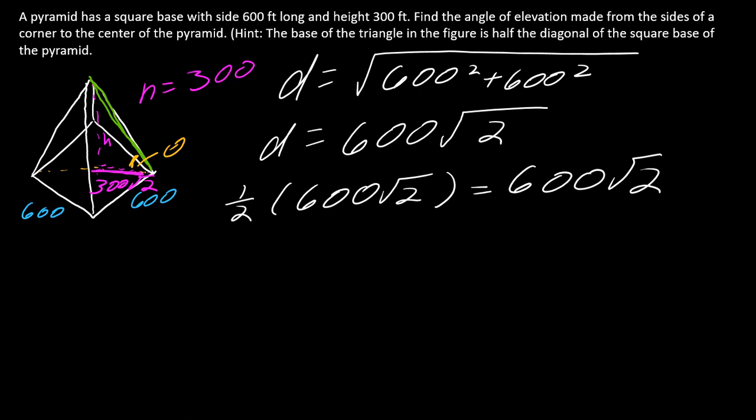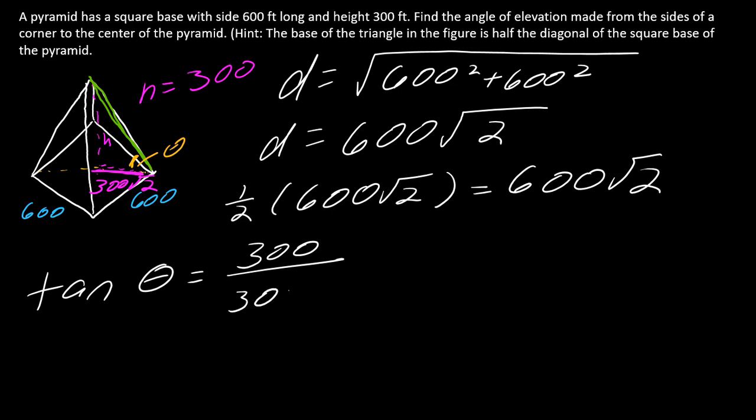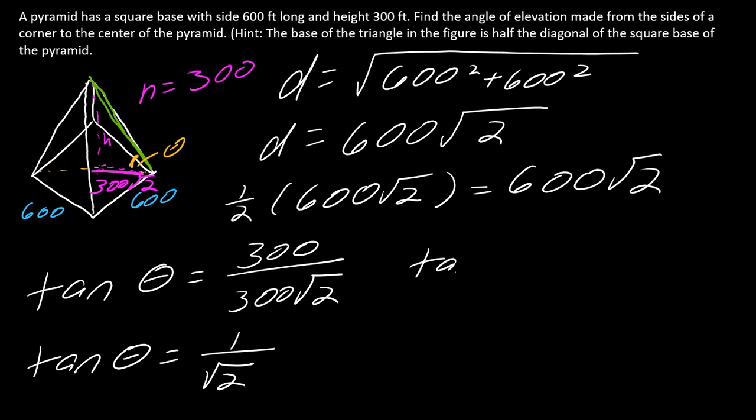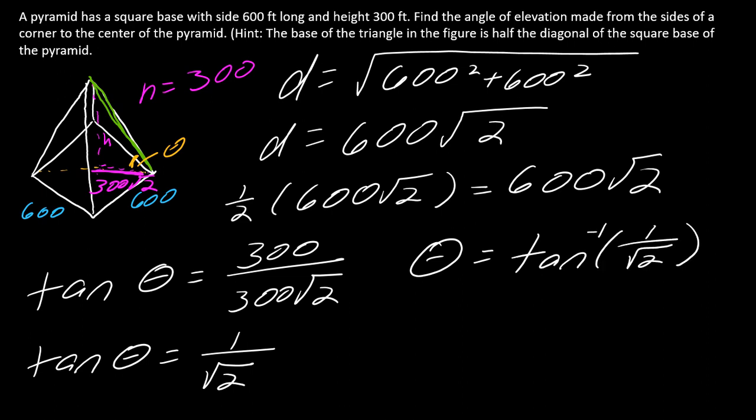Tangent of theta equals 300 over 300 times the square root of 2. So tangent of theta is equal to 1 over the square root of 2, and now I can just take the inverse tangent. My theta will equal inverse tangent of 1 over the square root of 2.